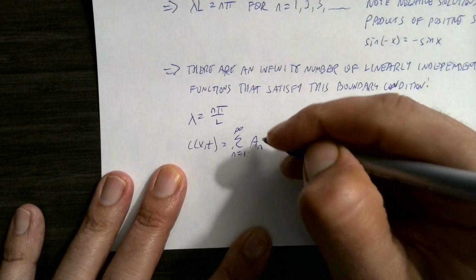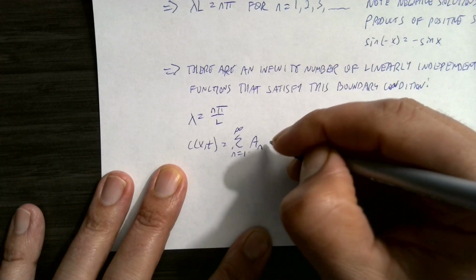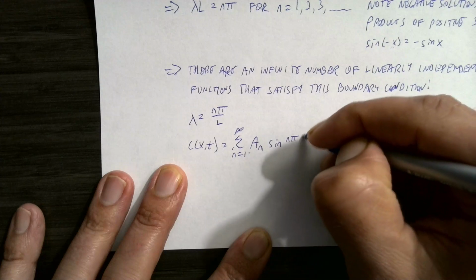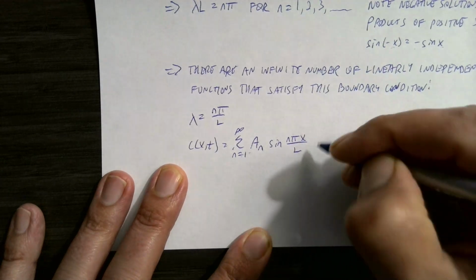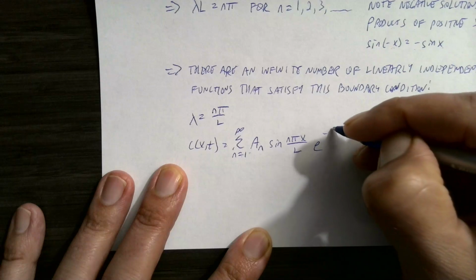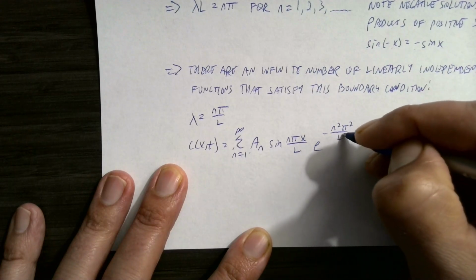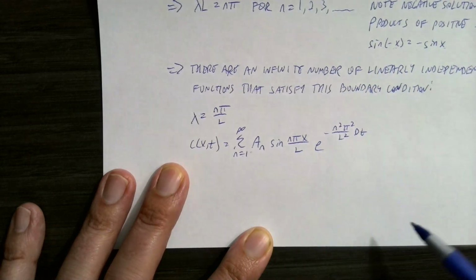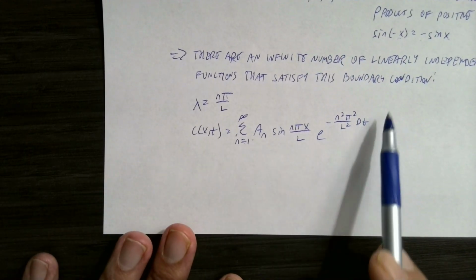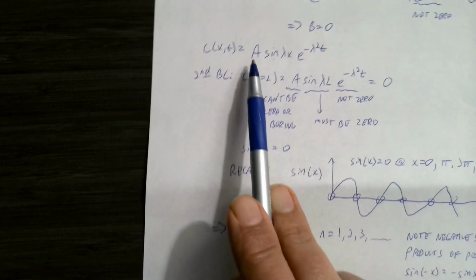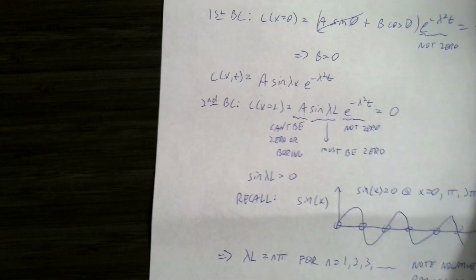It's associated with that one, and then it's times sine of n pi x over L times e to the minus n squared pi squared over L squared dt. Okay, so our last task here, you see that before we had an a up here, and now it becomes a sub n.